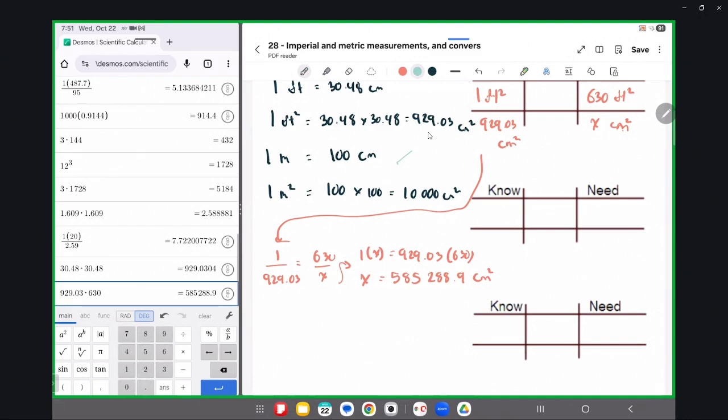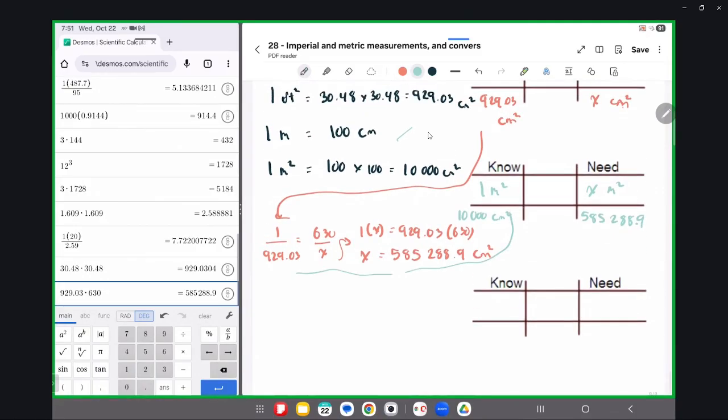So we know that 1 square meter is 10,000 square centimeters. And so we're curious as to how many square meters there are in 585,288.9.